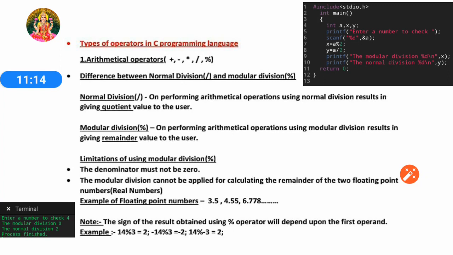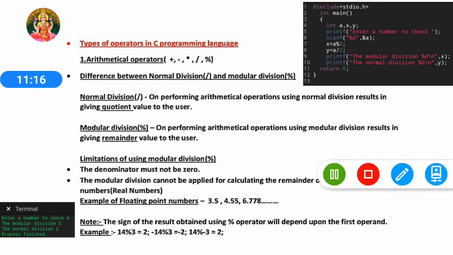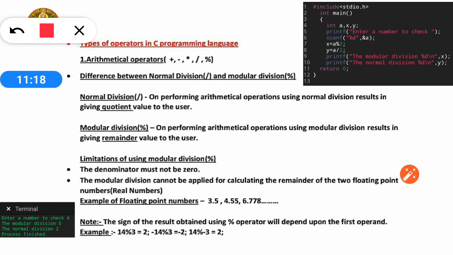Now students, moving to our next point: the modular division is only used for calculating the remainder value of two integer variables. It cannot be used for calculating the remainder value of two floating point numbers or real numbers.